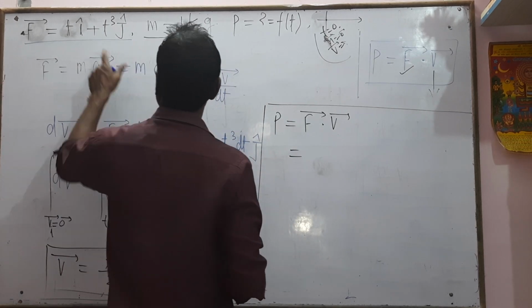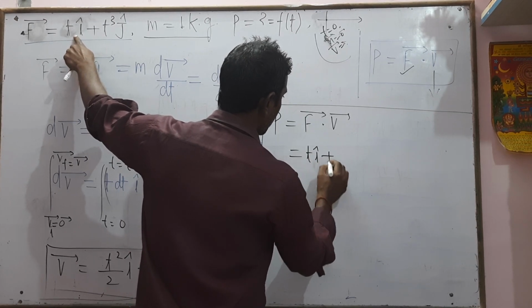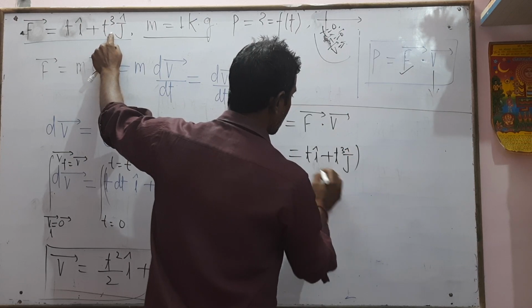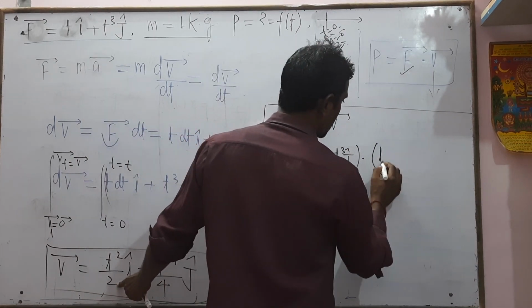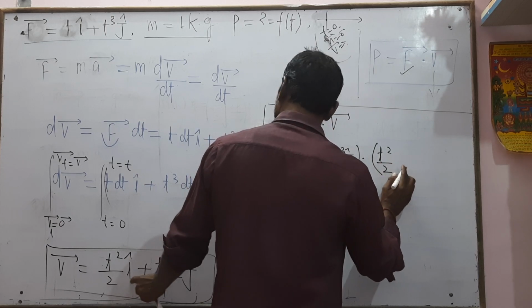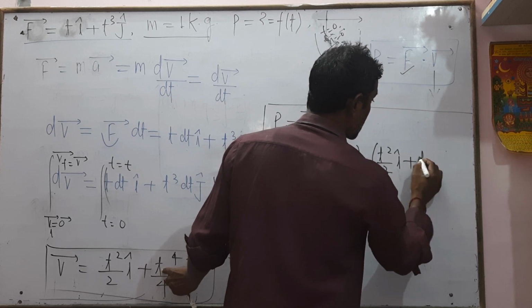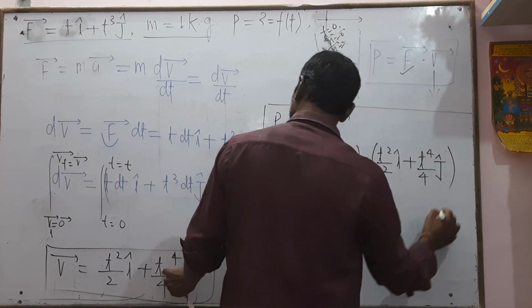Force vector F equals t i cap plus t cubed j cap, dot velocity vector t squared by 2 i cap plus t raised to 4 by 4 j cap.